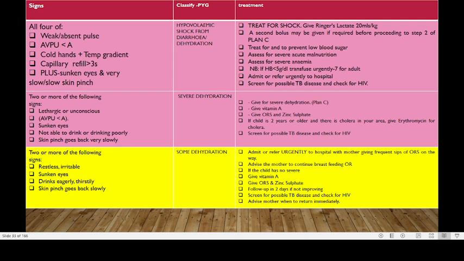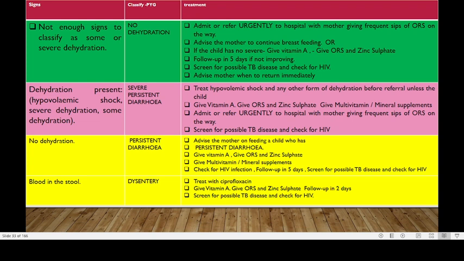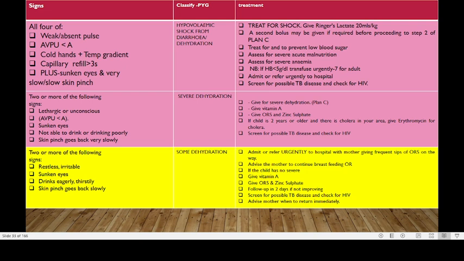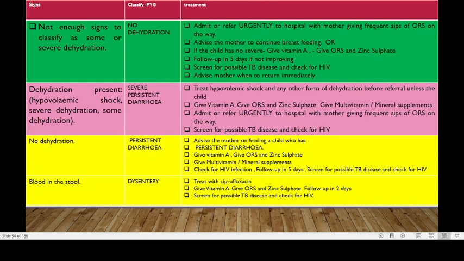Remember, you can also classify them as some dehydration or no dehydration. So for dehydration, according to IMCI, we could have hypovolemic shock, which is the most severe form, then severe dehydration, some dehydration, and no dehydration.